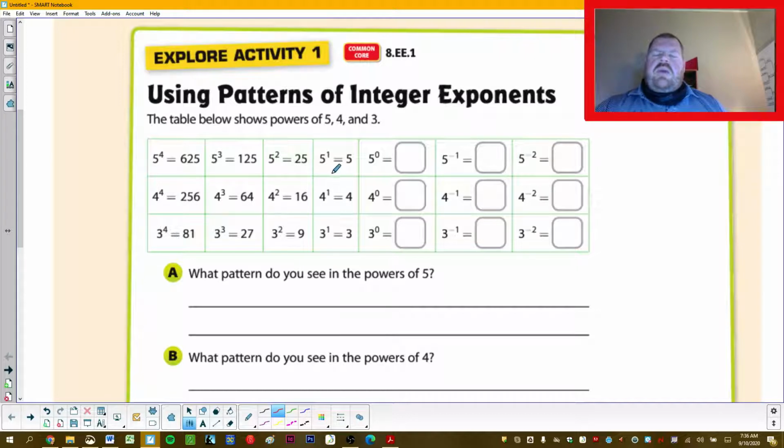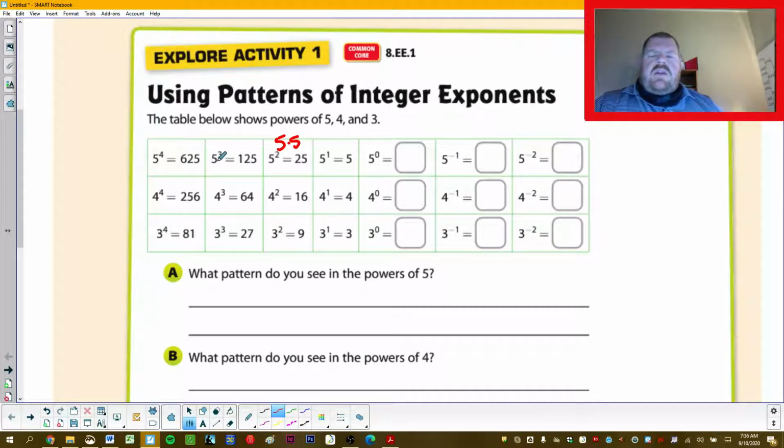I'm banking on things that I know as some easier results. I know that 25 is 5 times 5, and that's what 5 squared means. It means 5 times 5. And obviously 5 is just 5 by itself, or 5 times 1.